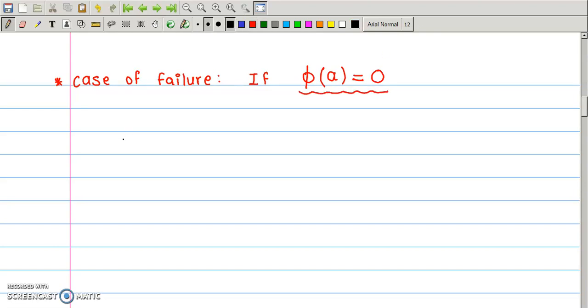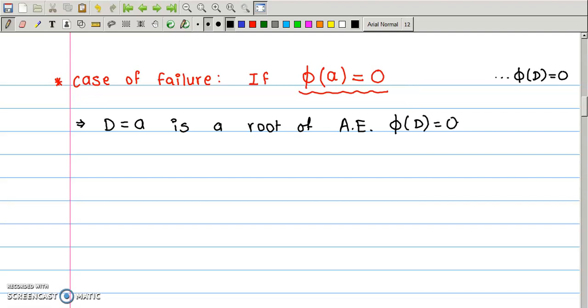If phi of a is equal to 0, this implies that for the auxiliary equation phi of d equal to 0, d is equal to a is a root of the auxiliary equation, that is phi of d equal to 0.